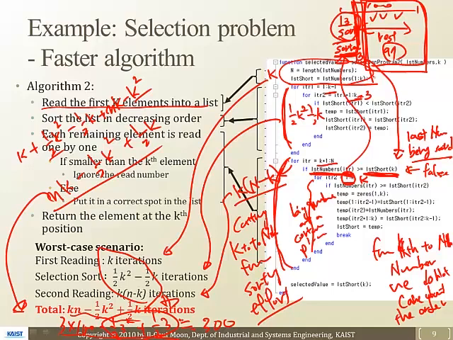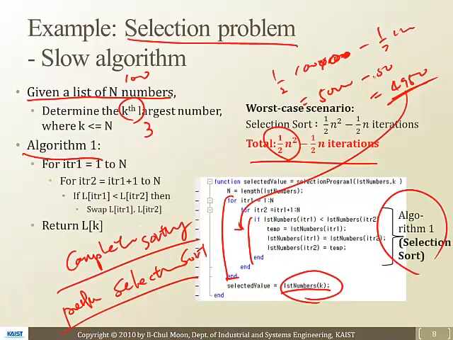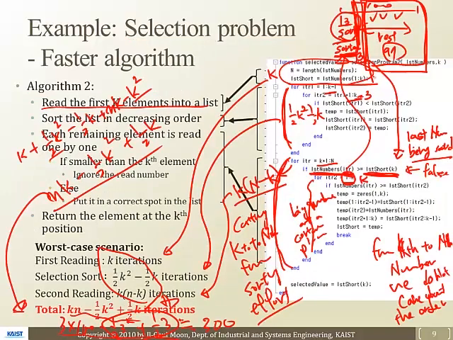So one analyst chose a very simple way, just to do the selection sort for the whole set of numbers we have, and just pick the third number here, and that analyst will return the analysis result slowly. And this analyst chose a little bit more complicated way, but this analyst will have the power to analyze millions of numbers rather than hundreds of numbers.